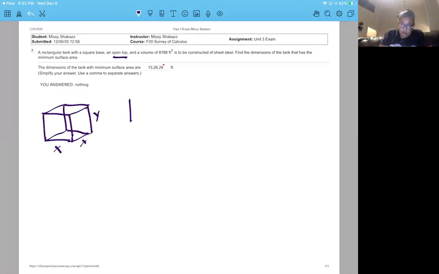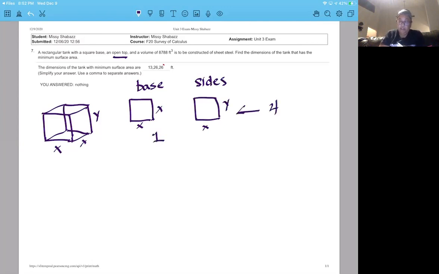Okay, so this is my base. x times x is my base. And then these are my sides, so x times y. And I have 4 of these and 1 of these because I don't have a top, I just have a bottom. So my surface area is the base plus the 4 sides.